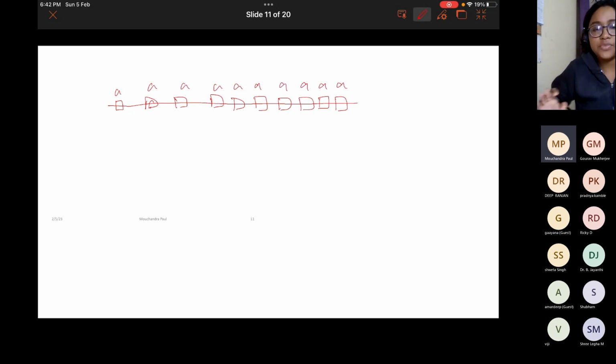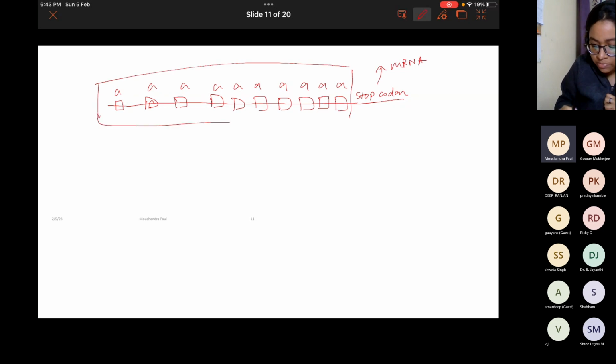Now, due to some mutation, say a nonsense mutation or frameshift mutation, you get a premature stop codon in the mRNA. Here there was supposed to be the stop codon, which resulted in a polypeptide chain of this much length.